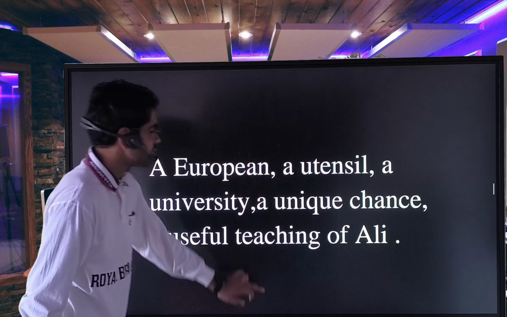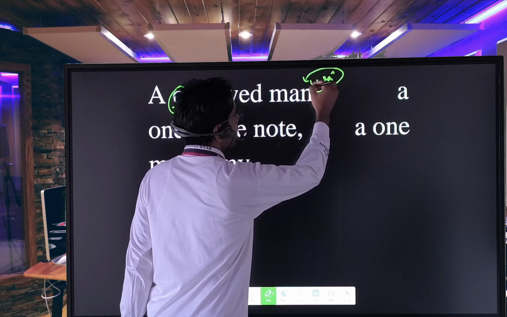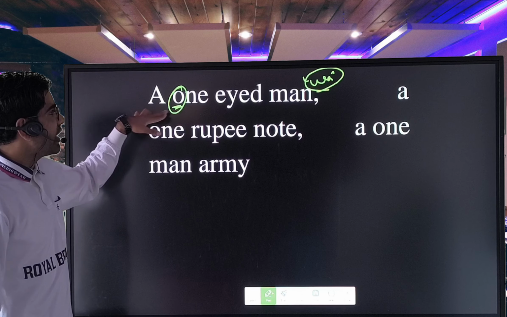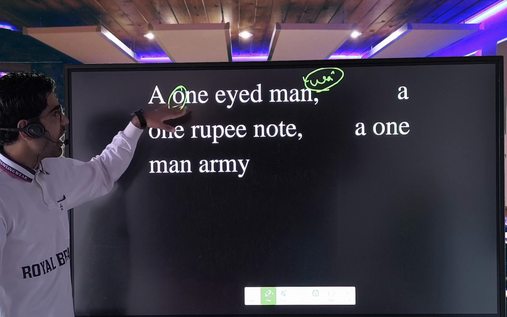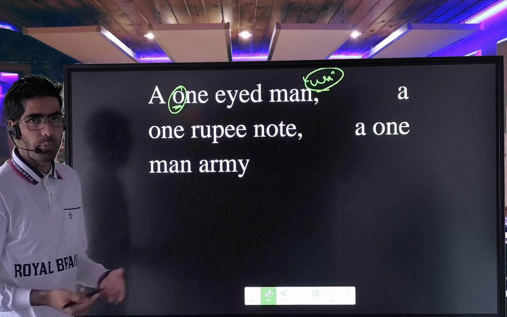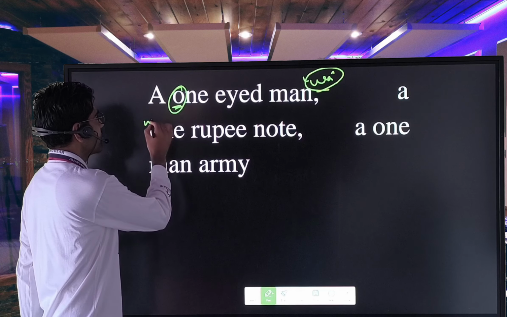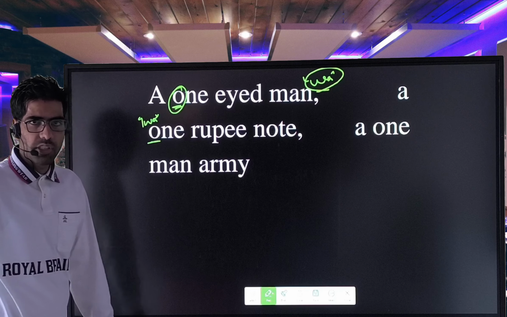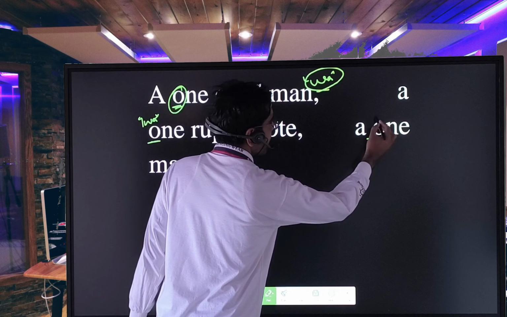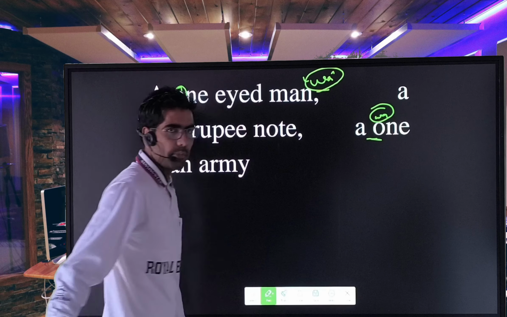No, because it produces the sound v. So we use a one-eyed man, not an one-eyed man. A 1 rupee note, not an 1 rupee note. V sound. Got it? A one-man army, v. Not an one-man army.